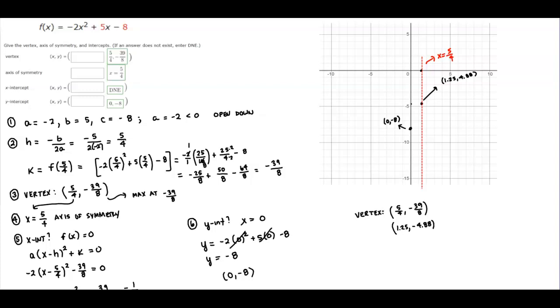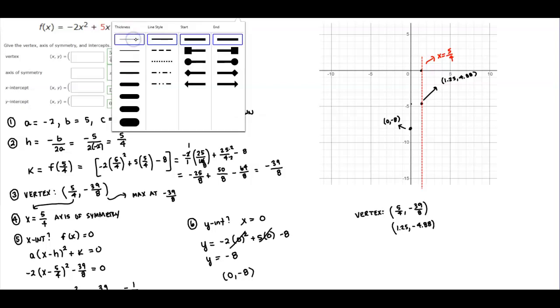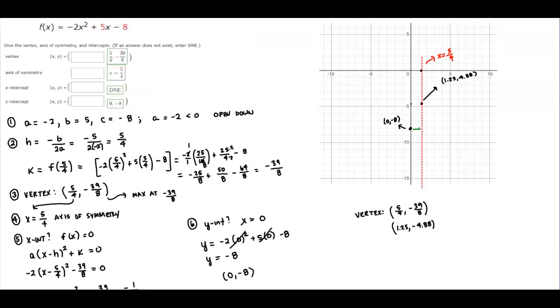And so what's nice about that is that it tells us what the distance is from this point here to here, which we know is 1.25. So we can go another 1.25 in the other direction, which is going to give us 2.50. So at 2.50, which is located here, we're going to have another point at 2.5 and then negative 8.